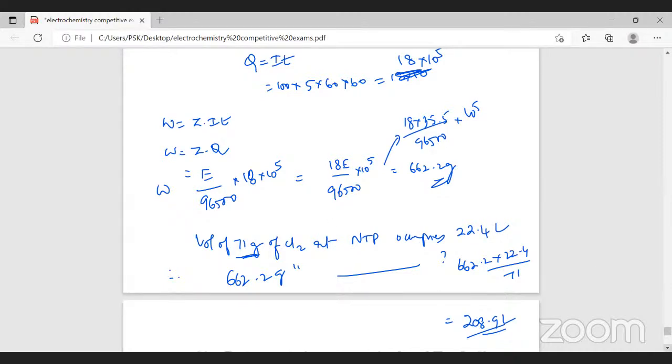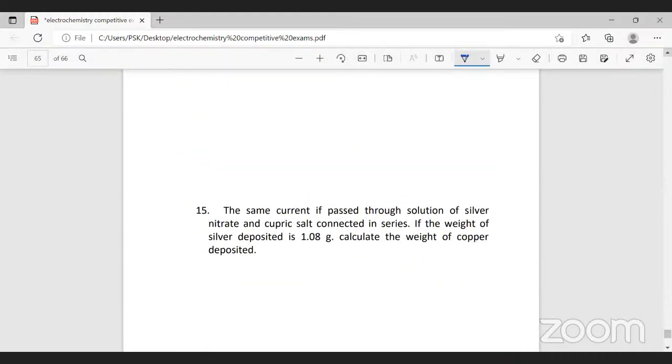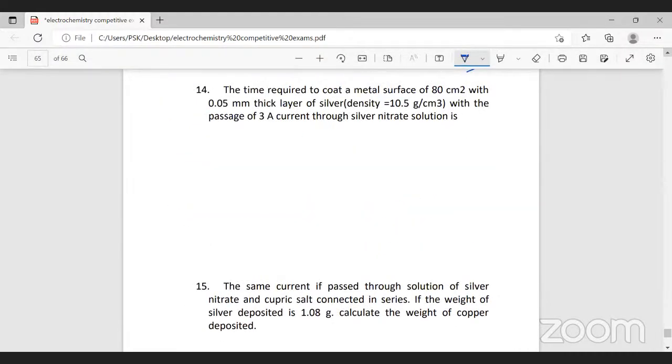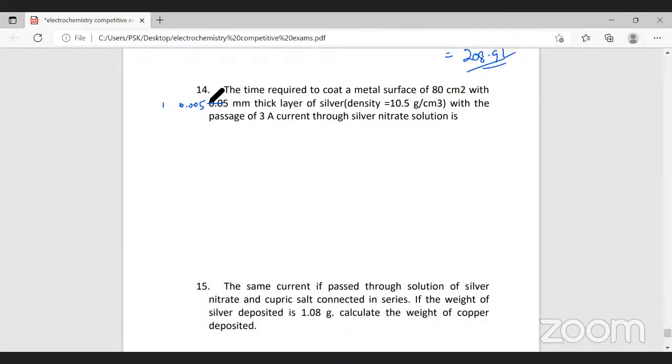The next question. The time required to coat a metal surface of 80 centimeters square with a 0.005 millimeters thick layer of silver. Density is 10.5 gram per centimeter cube, with the passage of 3 ampere current through silver nitrate solution.